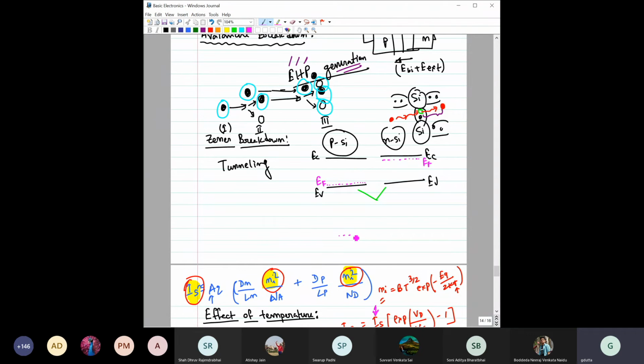So when EF is aligned and fixed, you draw from the P side this EV and this EC, and for the N type you have this EC and this EV here. And you can simply join them like this. So this is basically the band diagram for a PN junction. This is the P side and this is the N side.